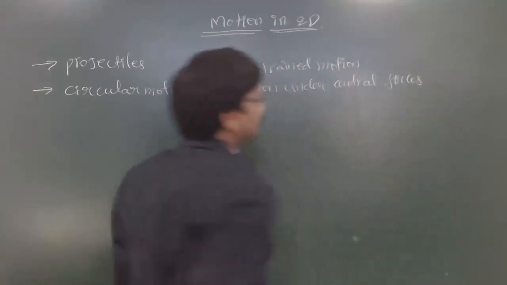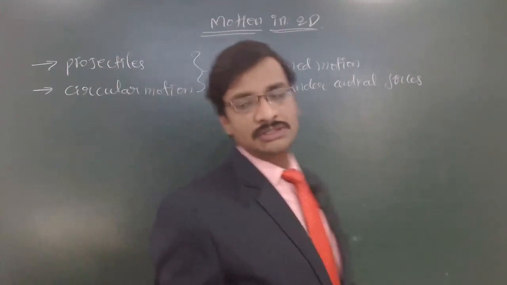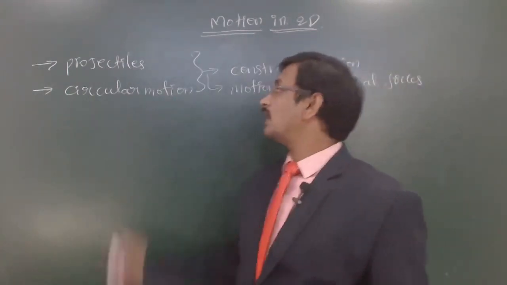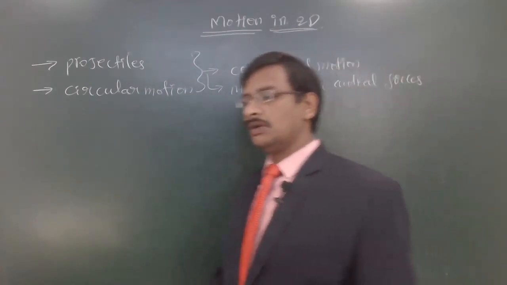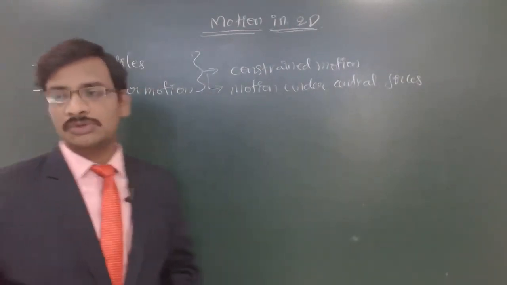All these things are planar motions only, but we start with the fundamental discussions of projectiles and we will extend to circular motion. There are separate topics dedicated to these, but those are also part of our 2D motion only. Right?